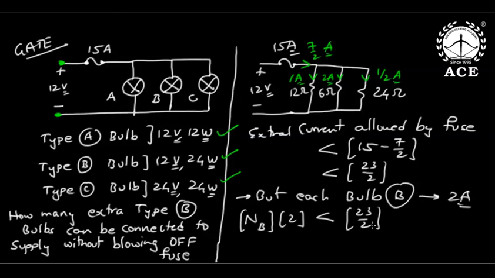So NB is strictly less than 23 by 4. Strictly, you should not put equal to. Yes or no? Now this 23 by 4 is 5.75, so this should be strictly less than 5.75.